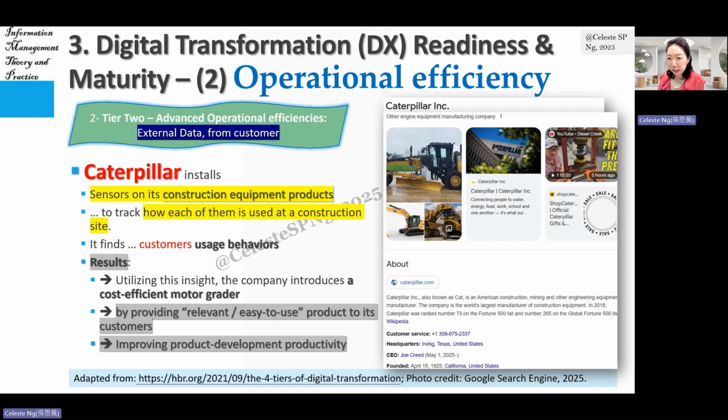All right, so in this second tier, it is focusing on getting external data, okay, understanding customers' usage behavior from customers' personalized or unique data. The company uses it as feedback to the customers and also to improve its future product development. All right, this is the second tier, and it's focusing on the ability to obtain external data from its customer.